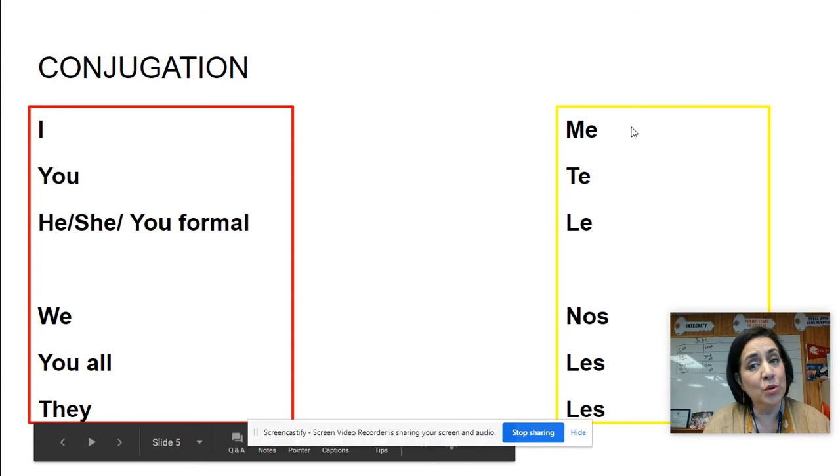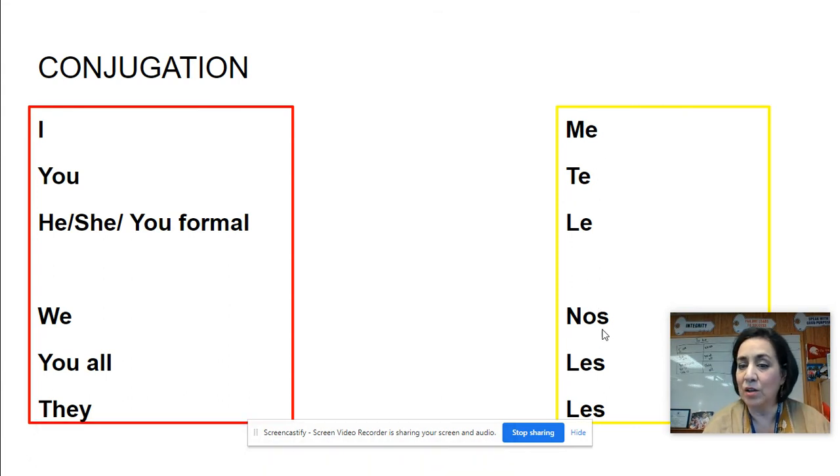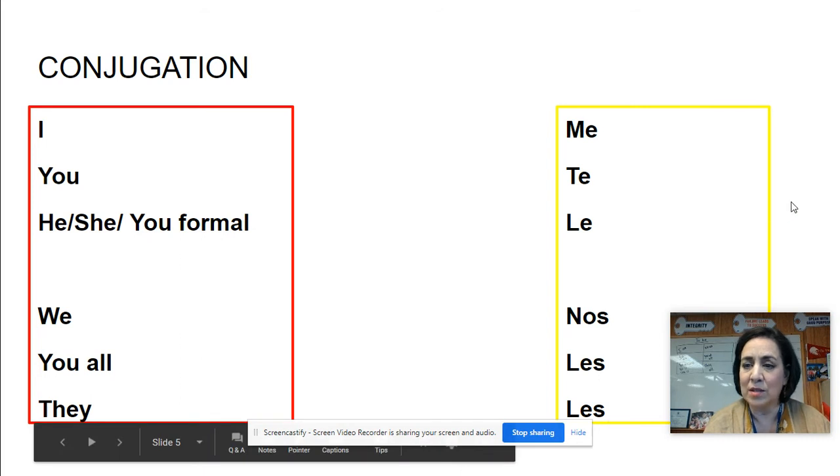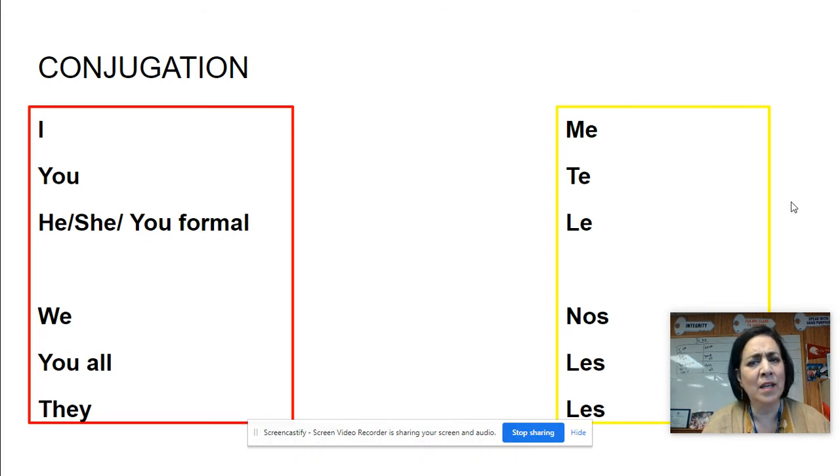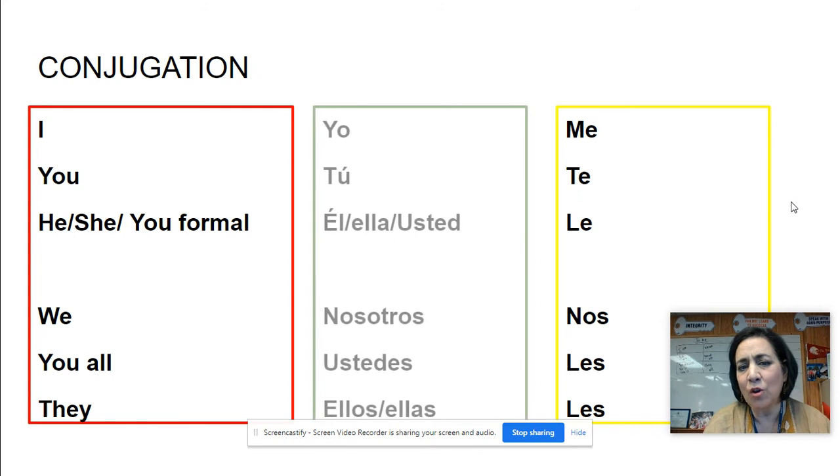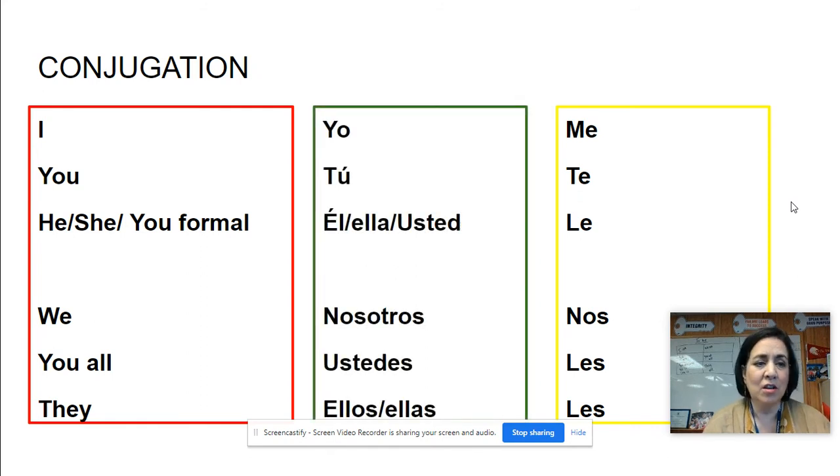In Spanish, when we use gustar, we use me gusta, te gusta, le gusta, nos gusta, les gusta, and les gusta. But the meaning of I is also yo. So we have two ways of saying I for a verb. Yo for normal verbs and me for verbs like gustar.